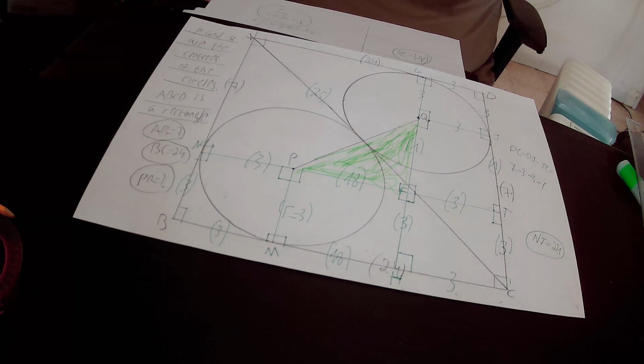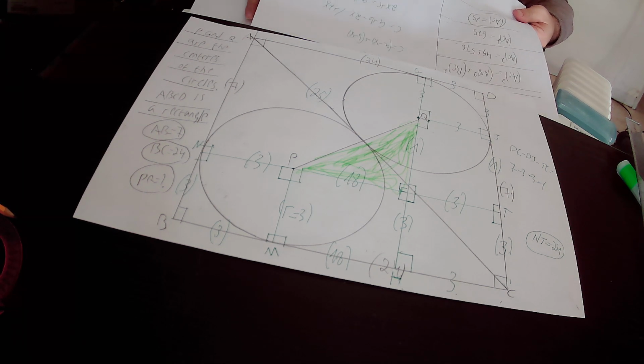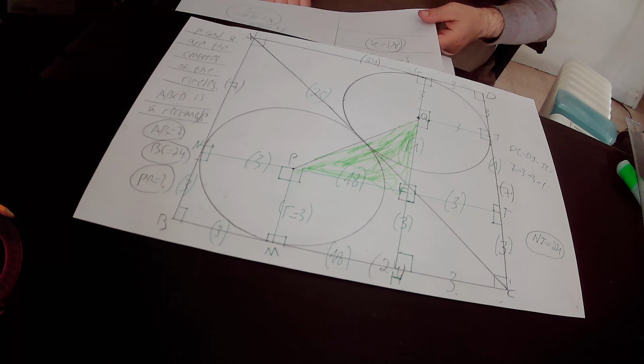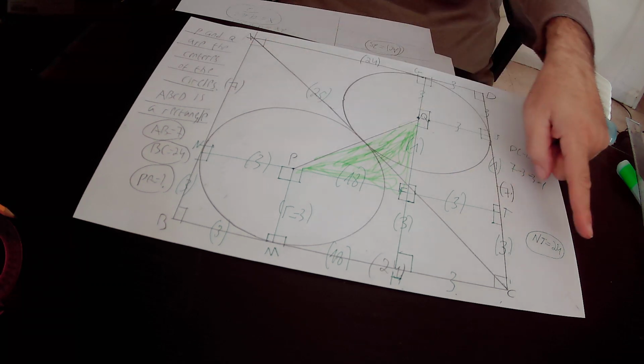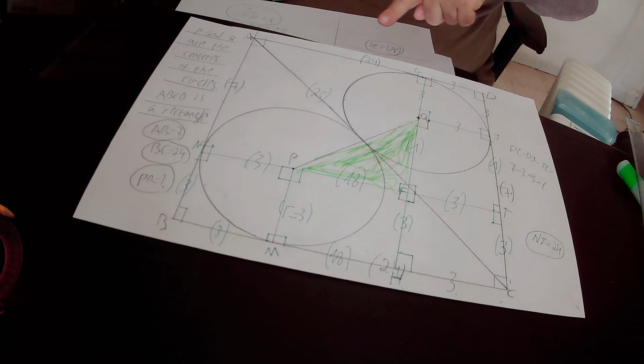First of all, ABCD is a rectangle, and the opposite sides of a rectangle are equal to each other. That is, AB equals DC, but AB is 7, therefore DC must also be 7 units. According to the same rule, AD must equal BC, but BC is 24, therefore AD must also be 24 units.